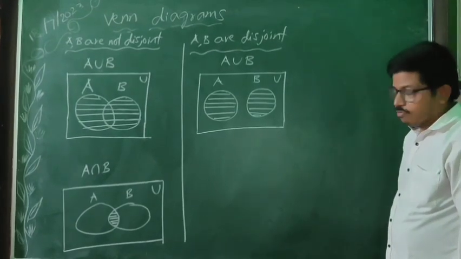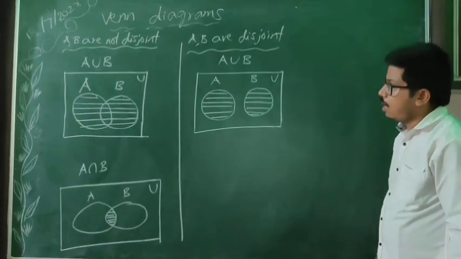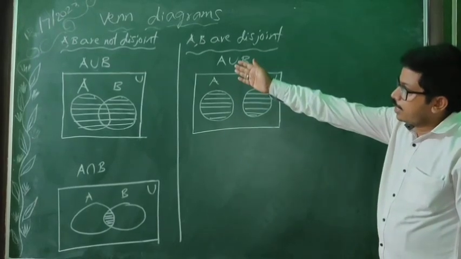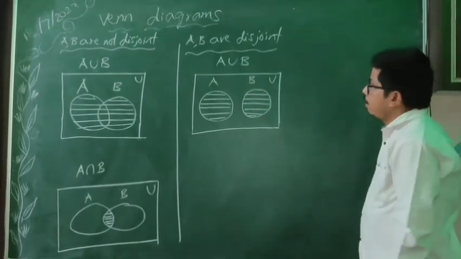So it is for A intersection B of non-disjoint sets, or if they are not disjoint.